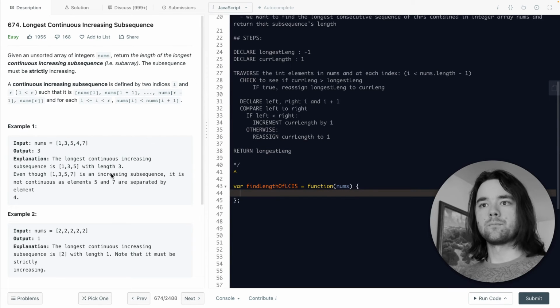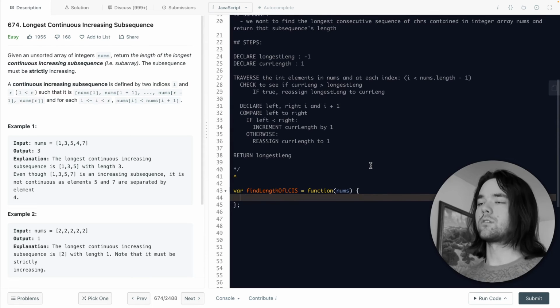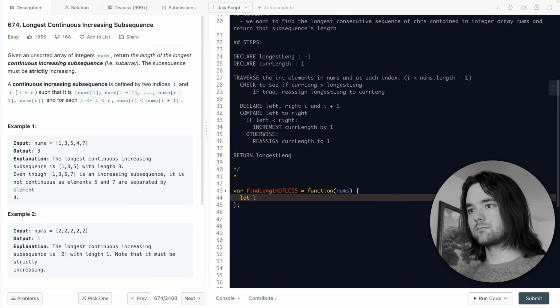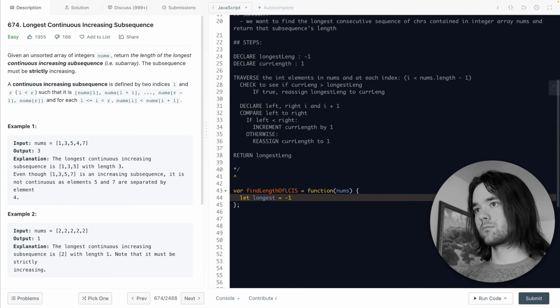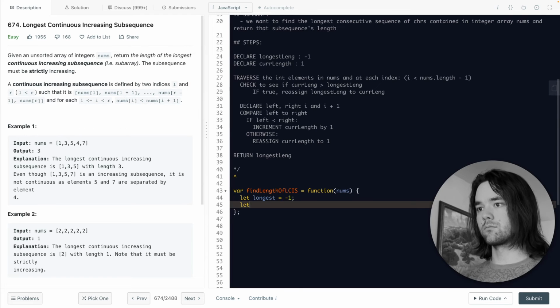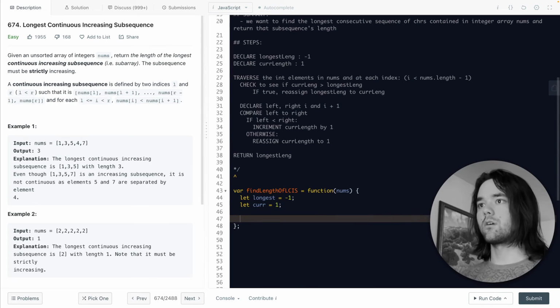Okay, great. So first things first, we want to declare some variables. And now we want to traverse the integer array nums. I think we're just going to use a standard for loop here.